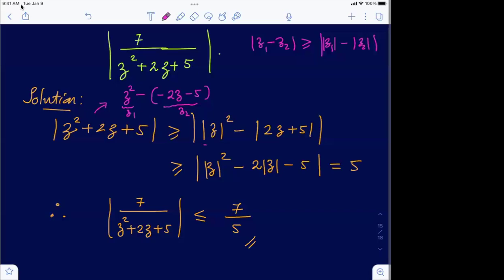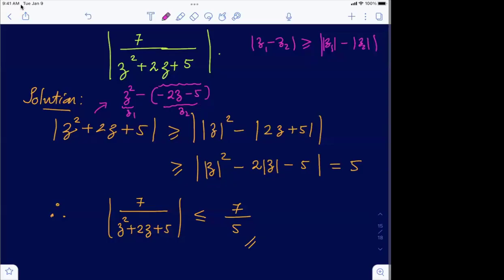So I take the modulus of each number separately, and when I do that, don't forget I have two negative signs inside this complex number, but since I'm taking the absolute value, that negative sign will be killed. And with that, I introduce the negative sign in between. And then now we have step number 1.